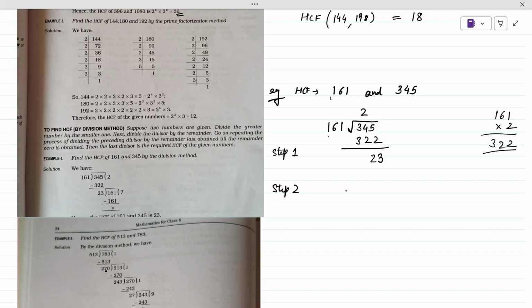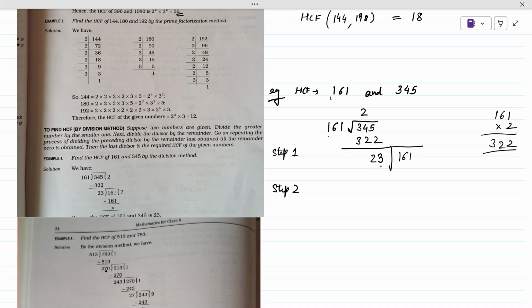Step 2 is we will take this remainder 23 as the new divisor and the 161, which was the divisor earlier, as the new dividend, and divide it. We will continue to do this till we get 0 as the final remainder. So let us try to do this.